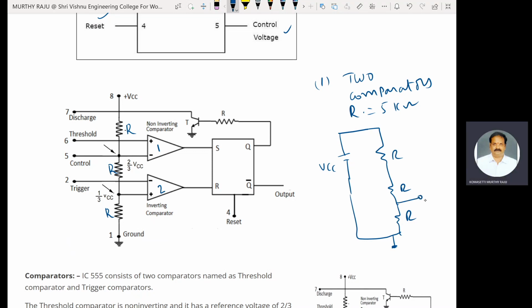Find out these two voltages with respect to ground. Find out this voltage. That voltage is at the fifth point.